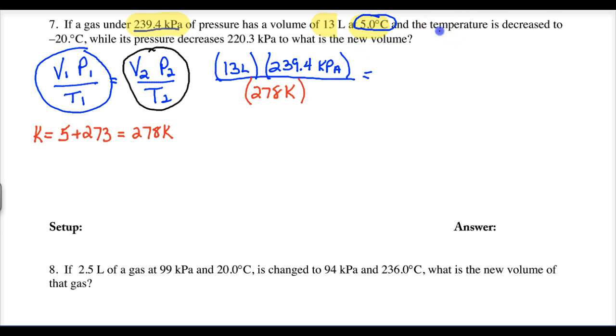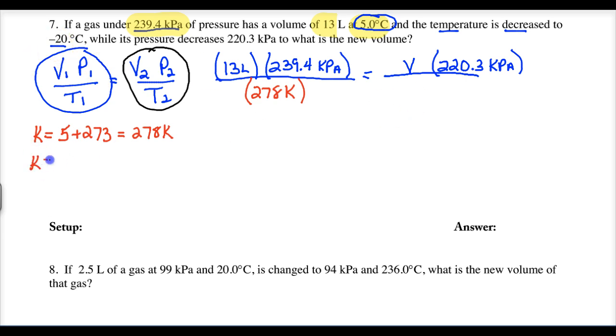Okay, the temperature is decreased to -20 while the pressure decreases to 220.3 kilopascals. So the pressure went down. They want to know what the new volume is, and they told me that the temperature now is -20.